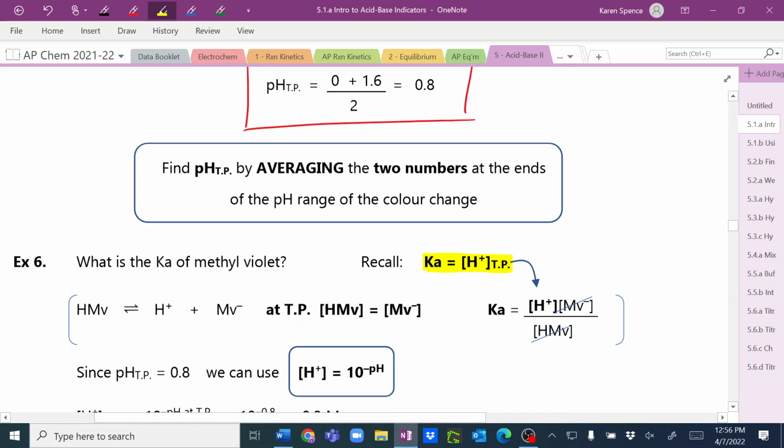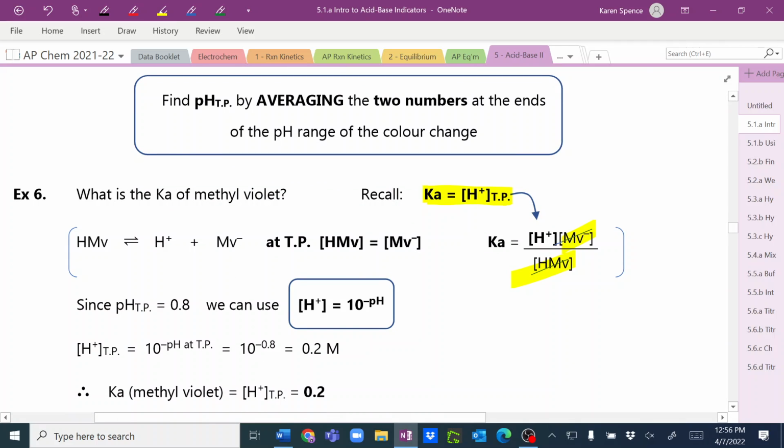Remember that the brackets cancel out. Now, we know that the pH at the transition point is 0.8. You can find hydrogen by taking 10 to the negative pH. That will come in handy for the take-home quiz you're doing over the weekend.